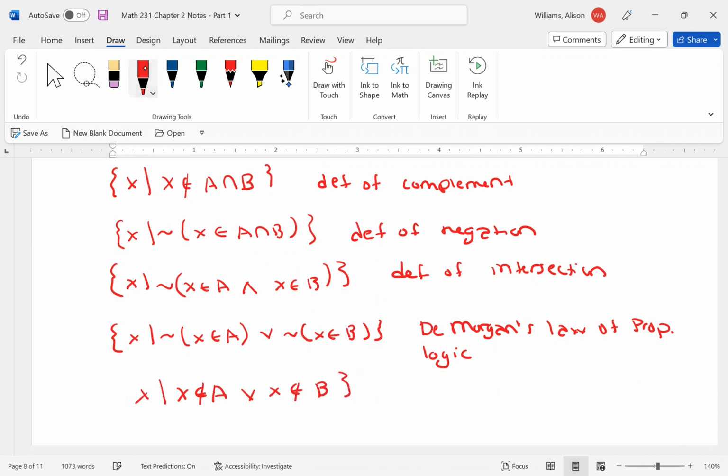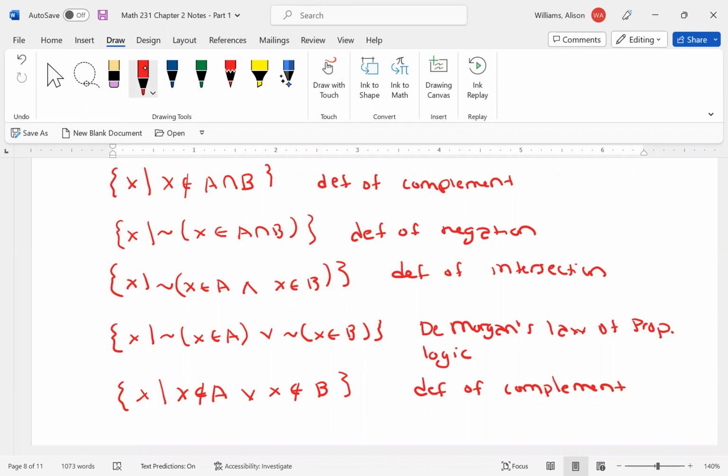And that's just using definition of negation again.